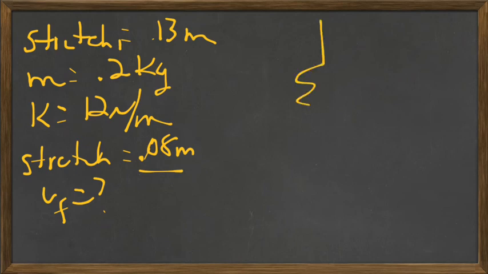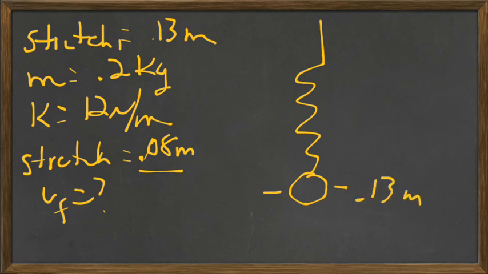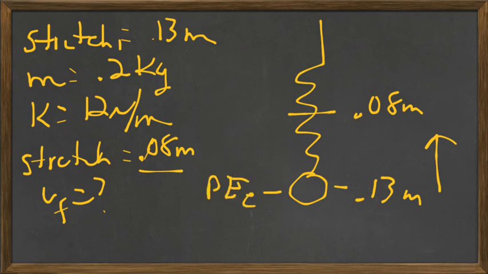I have a spring. It's right at this point right here, at 0.13 meters. I let it go. It's going to move in that direction, and as it does, it is going to speed up. What's the speed when it's at that point of 0.08? Well, that's where my energy will be able to work it out. At this location, all its energy is elastic potential. Why? I stretched it and held it. It's got no velocity.